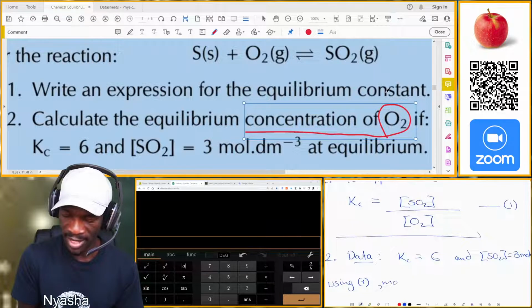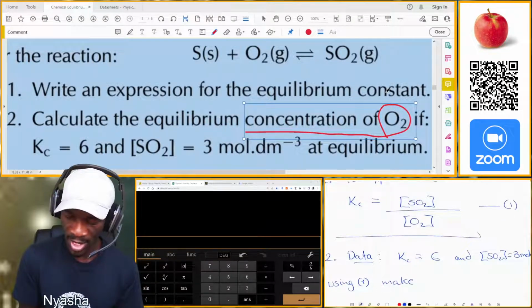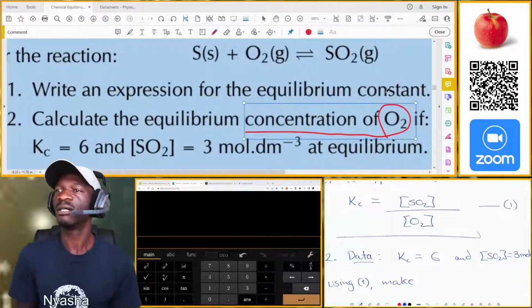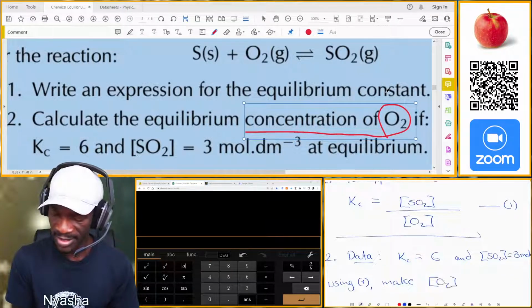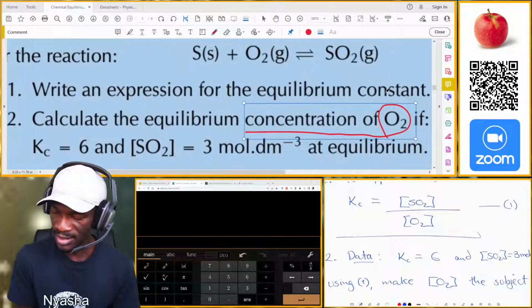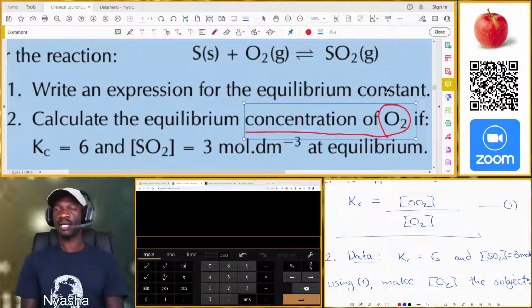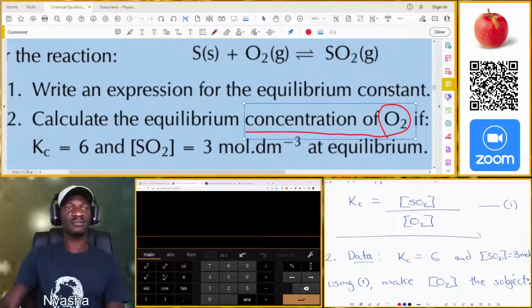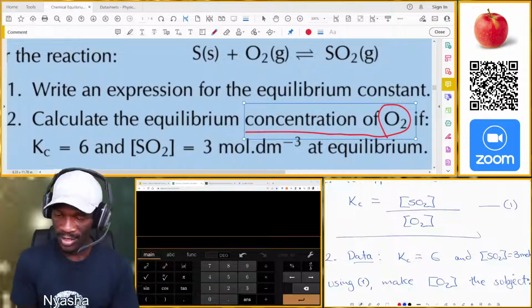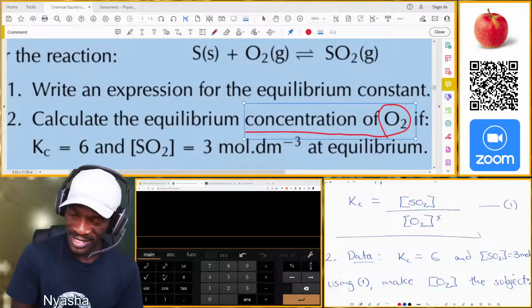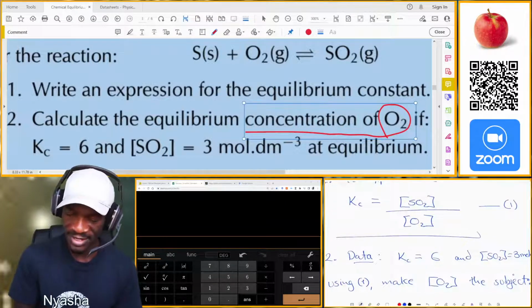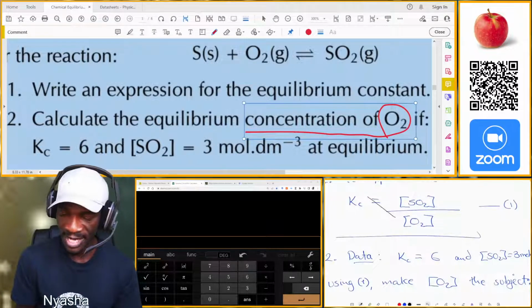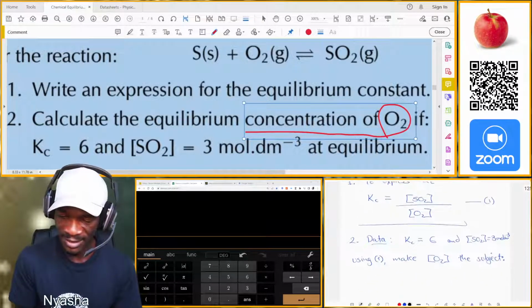Using equation number 1, we want to make the equilibrium concentration of oxygen the subject of the formula. So how can you do that? Already you can see that it's part of the denominator. So what is the first step? You can cross multiply. So if you cross multiply, what does that give us?